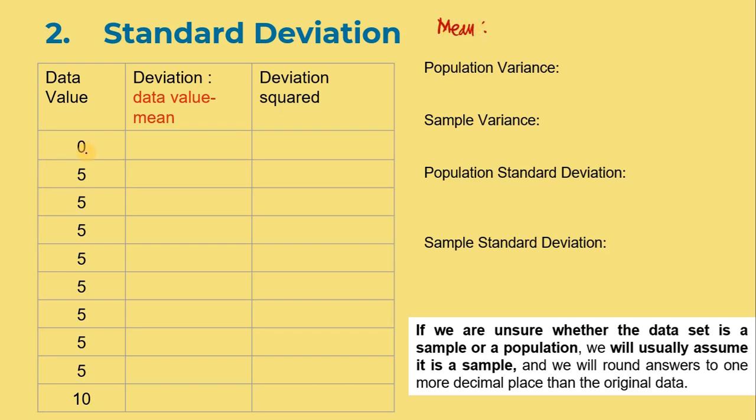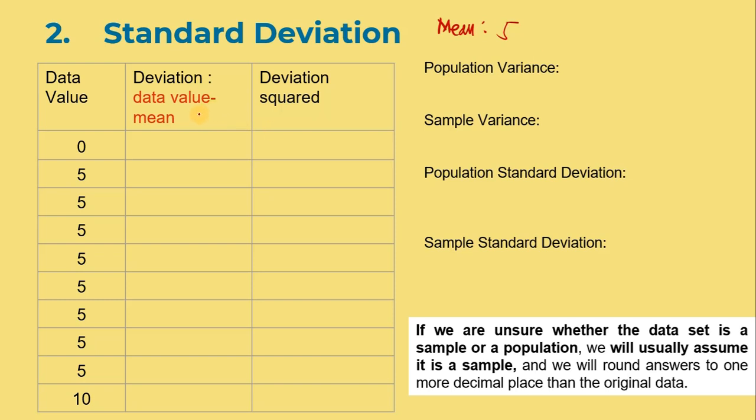To get the mean, you add all these numbers and divide by 10. So 5 times 0 plus 1, 2, 3, 4, 5, 6, 7, 8 times 5 is 40, plus 5 plus 10, that's 50. 50 divided by 10 is 5. So the mean is 5.